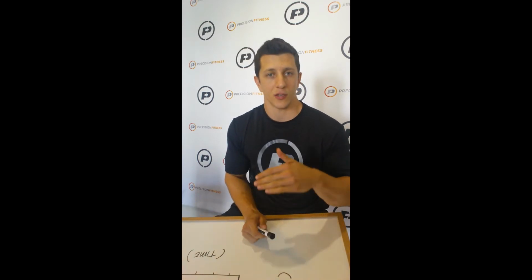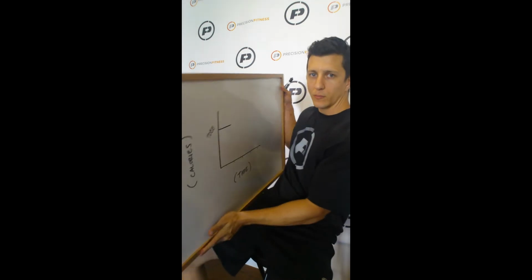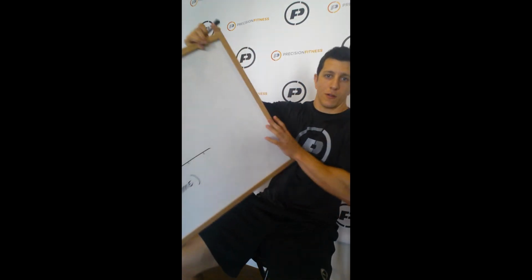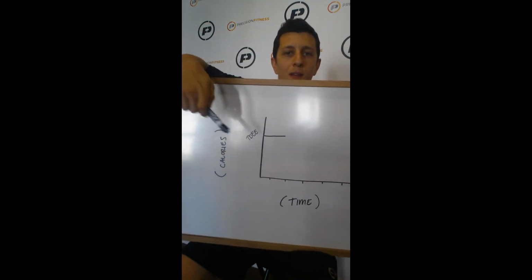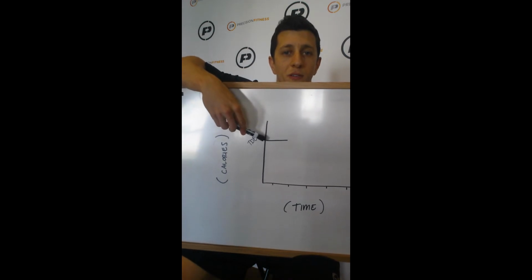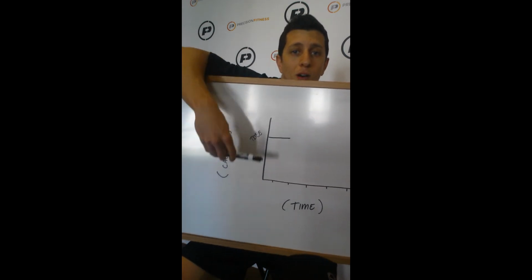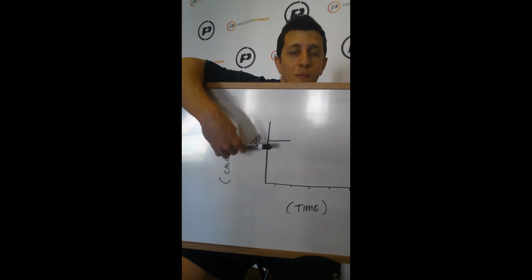And that's your baseline. So you know that if you're eating this much food every single day, you're not going to gain weight and you're not going to lose weight, right? That's your baseline.